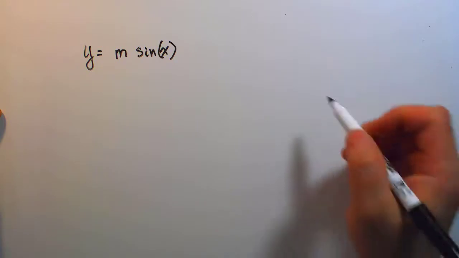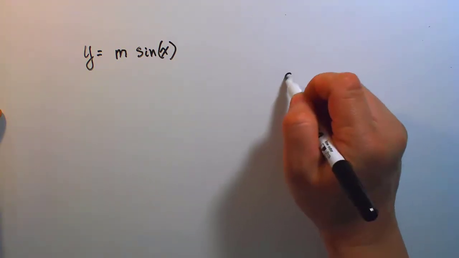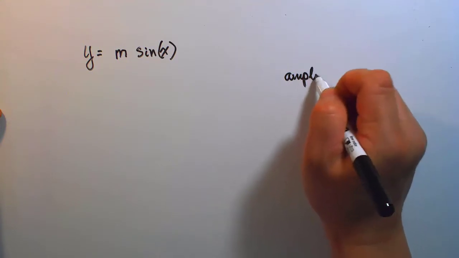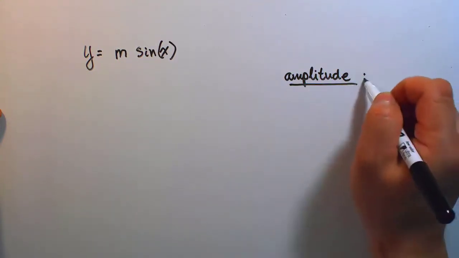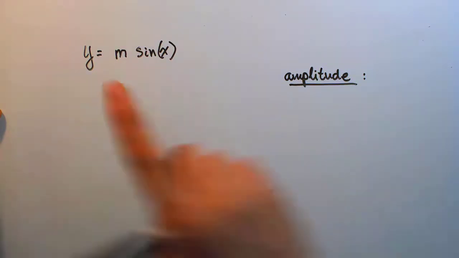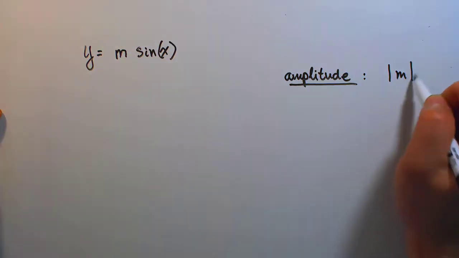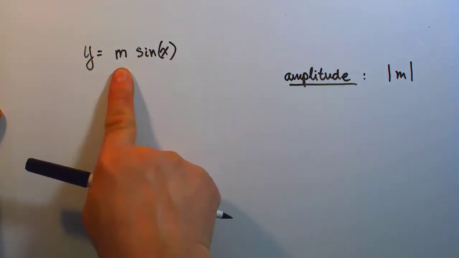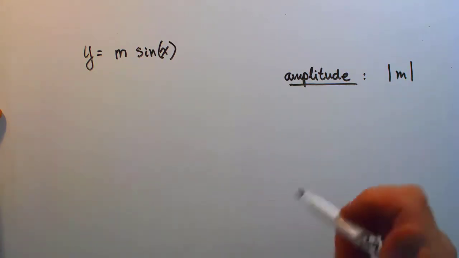As a generality, the amplitude of our sine of x function relates to the coefficient m by taking the absolute value of m, because m could be a negative value itself, but being negative can physically affect the shape by flipping it upside down, and I'll talk about that a little bit later.